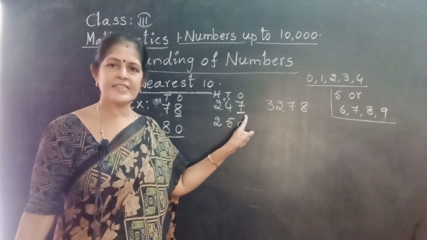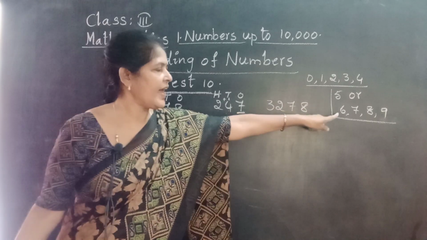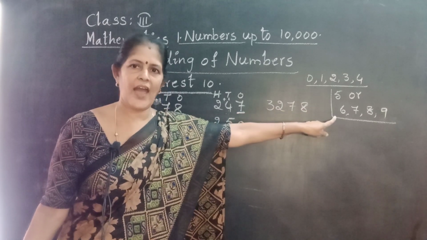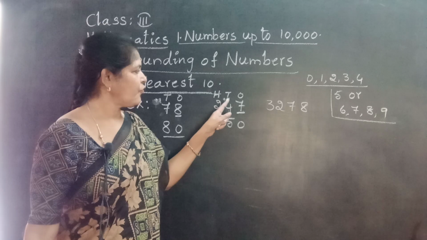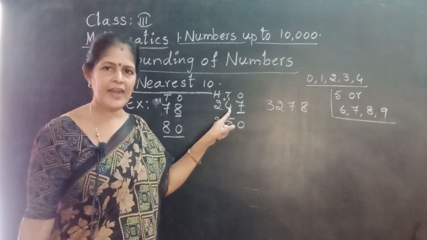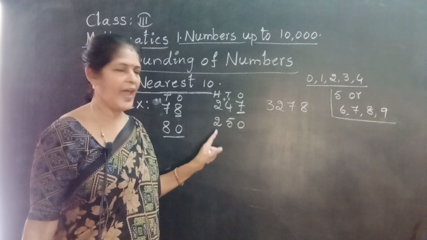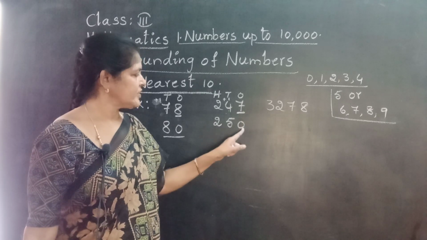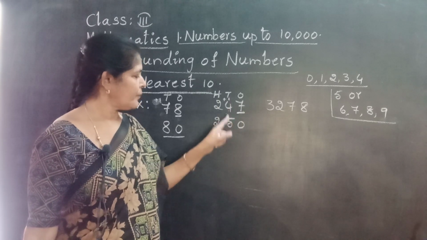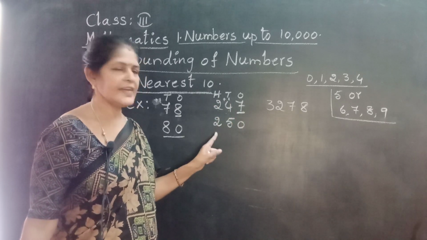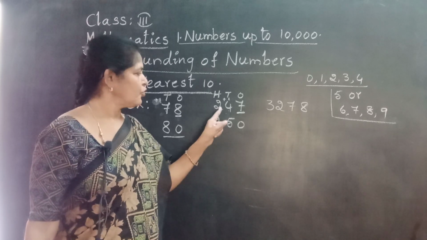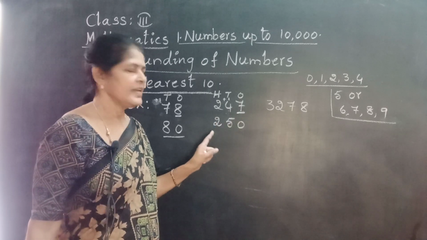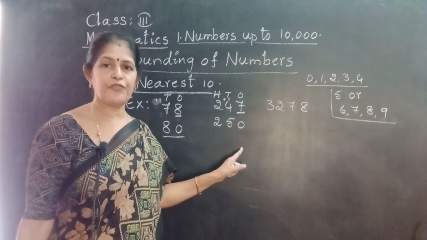The ones place number is 7, greater than 5, so add 1 to the tens place number, write the hundreds place number as it is, and put 0 in the ones place. 247 is nearest to 250.